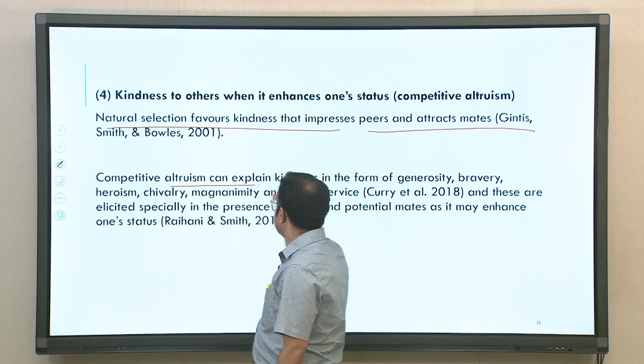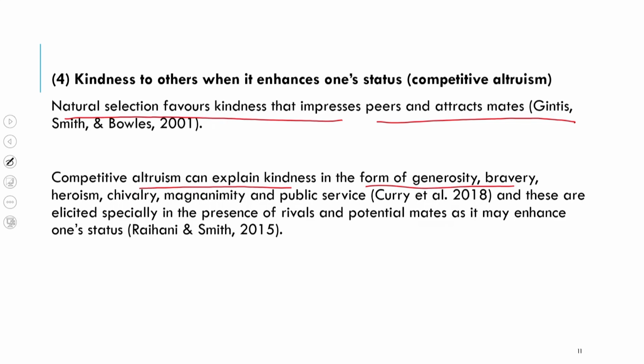So, competitive altruism can explain kindness in the form of generosity, bravery, heroism, chivalry, magnanimity and public service and so on. And these are elicited especially in the presence of rivals and potential mates, like the opposite sex, as it may enhance one's status.